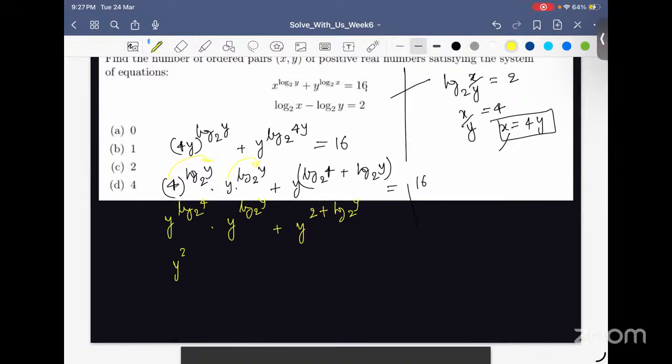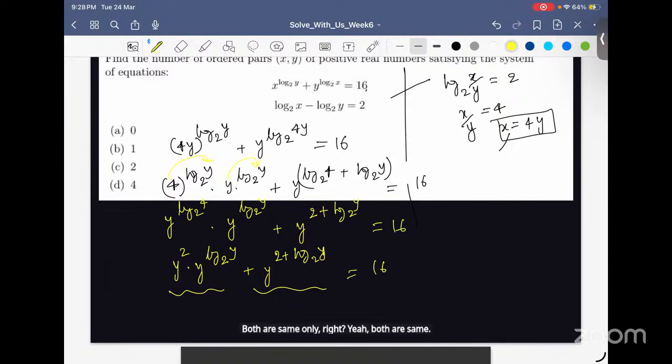Again, this will be y square times y log of y base 2 plus y 2 plus log of y base 2. Both are same only, right? Yeah, both are same.